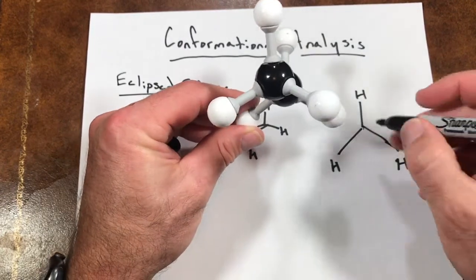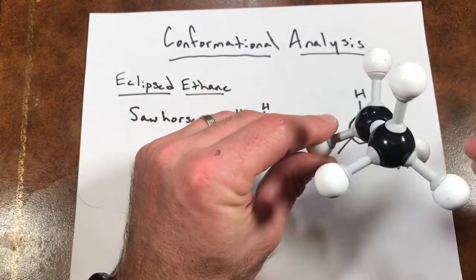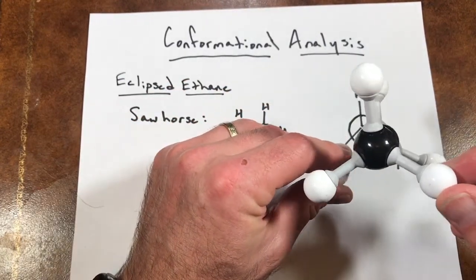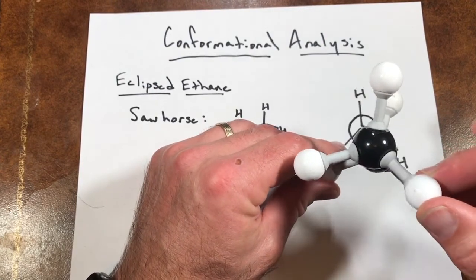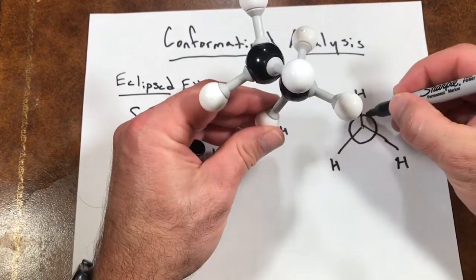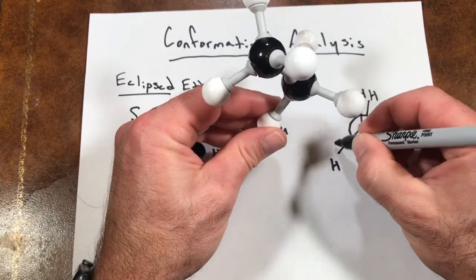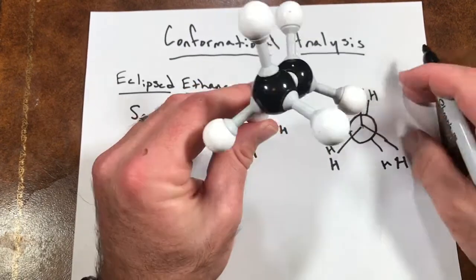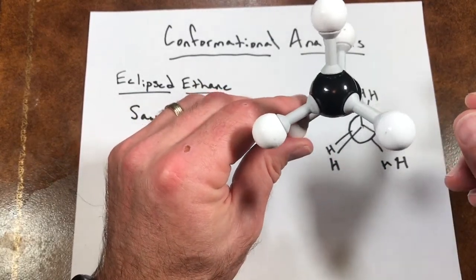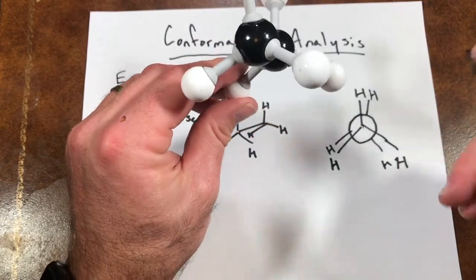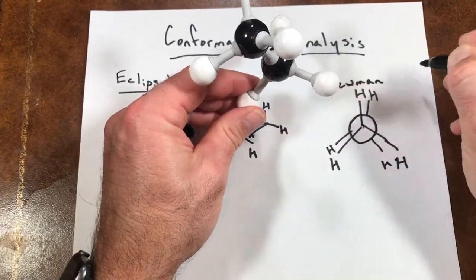Then the back carbon I'm going to represent with a circle, and then I'm going to alter the projection just a little bit so that we can see the H's on that back carbon, because obviously if I drew them directly over the other ones, we couldn't see them. So this is called a Newman projection.